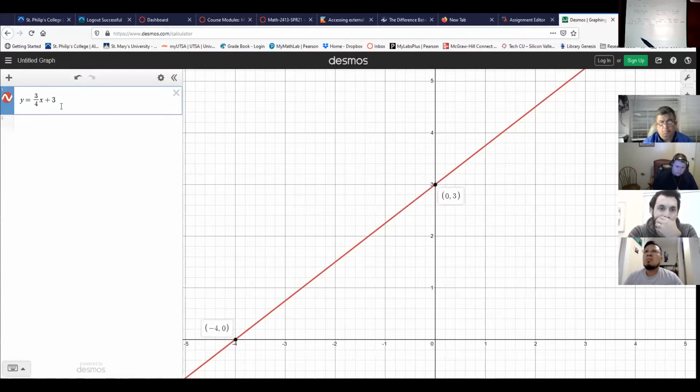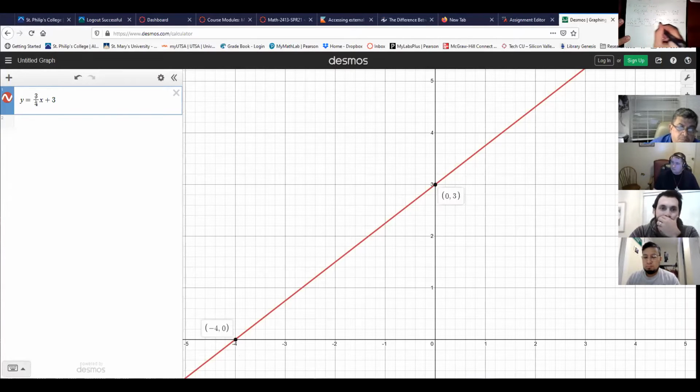So basically, you have to go to the point -4, 0, and find out what's the slope of the line here. But since it's a basic line, the slope doesn't change, does it? So the slope would always be the same. It's just 3/4, right? But let's pretend it wasn't that easy. Let's pretend we didn't know what's going on.